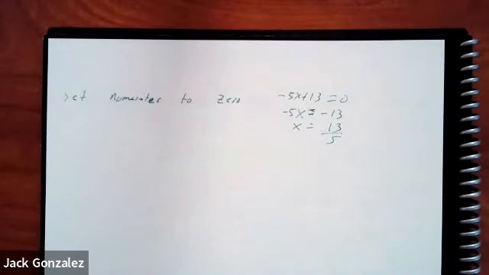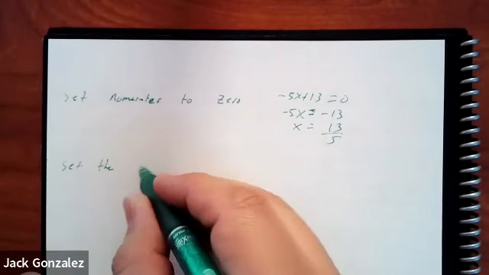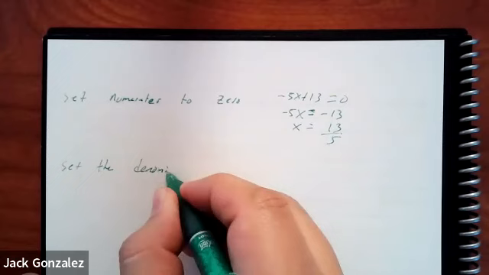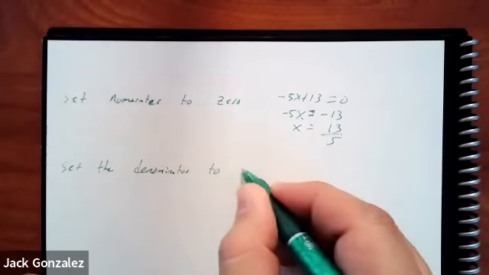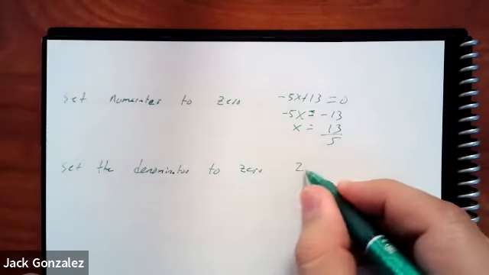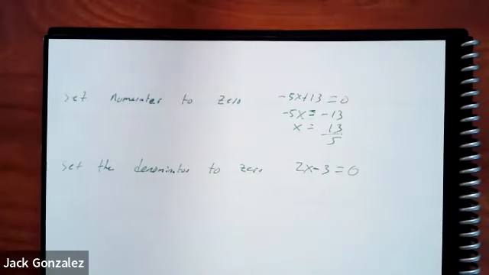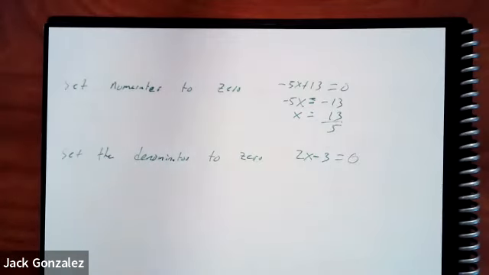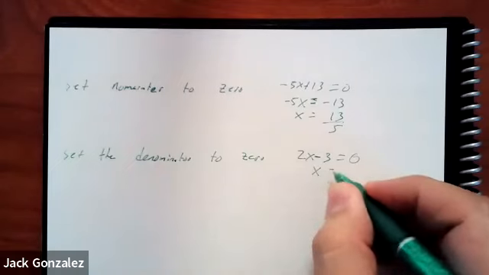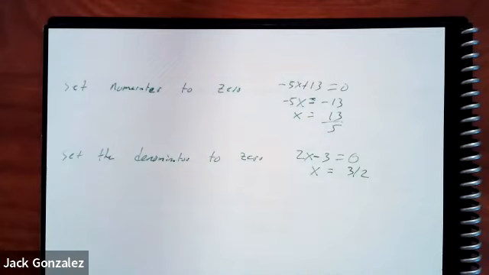Subtract 13, divide by -5, you get to here, positive 13/5. And then set the denominator to 0. We're still on the same problem. Yep. Solve for x, we get to here. So these are numbers you're gonna test around.